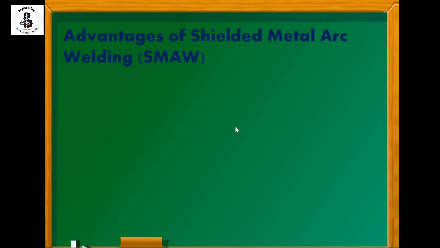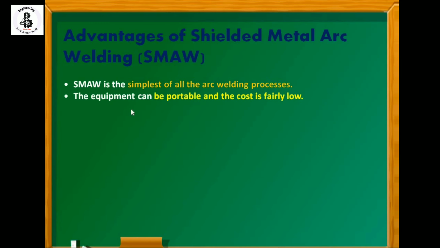Now we will discuss some of the advantages of SMAW, or shielded metal arc welding. SMAW is the simplest of all the arc welding processes, so you can easily use it in production as well as for maintenance work. The equipment can be portable and the cost is fairly low as compared to any other metal joining process.